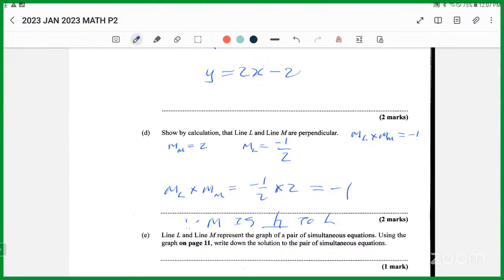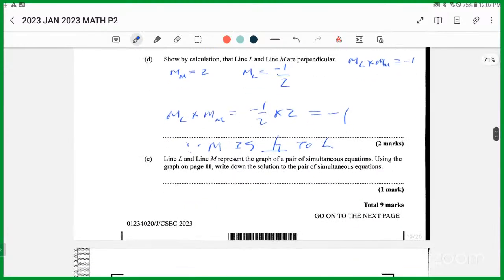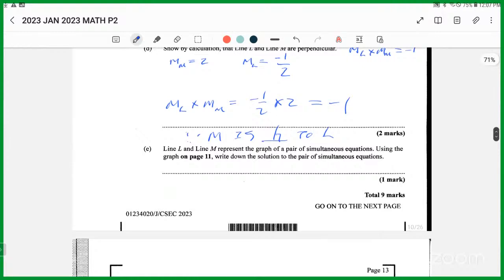All right, good. Next one says L and M represent the graph of a pair of simultaneous equations. Using the graph, write down the solution for the pair of equations. So the solution for the pair of equations would be the point of intersection, the point where the two lines intersect each other on the graph. Because when you solve simultaneous equations, that's what you're doing: finding the point of intersection.